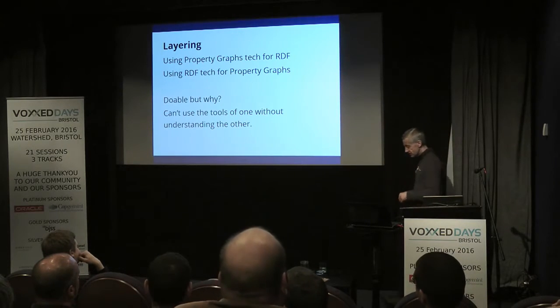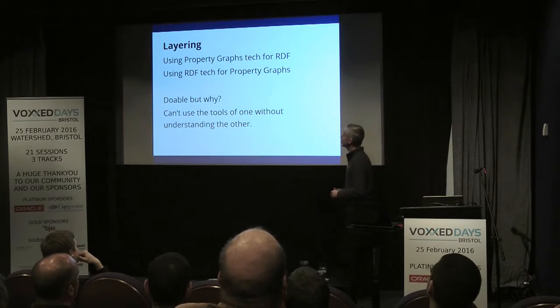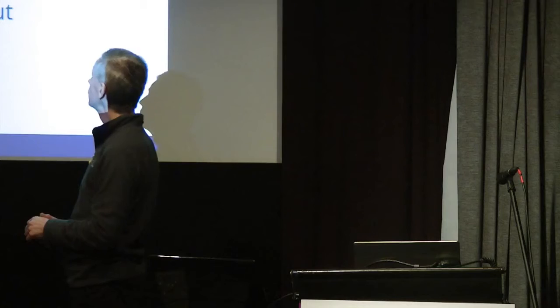One of the things that people talk about is layering one model on top of the other. We put property graphs and then use an RDF engine, or RDF graphs on top of property graphs as an engine. But I want to ask why you would want to do that. If the idea is that you exploit the really good capabilities of the underlying system, that means you're going to be able to see the underlying system.